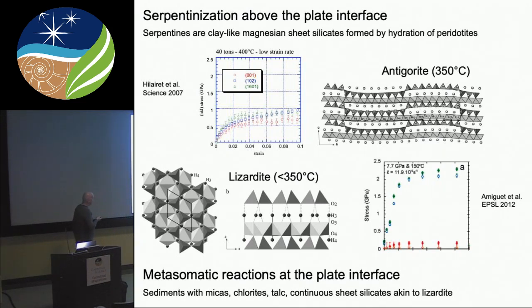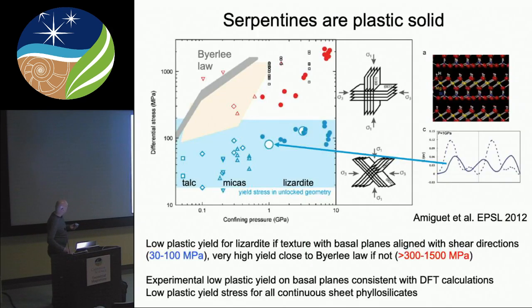And this means that this kind of material has a very high mechanical anisotropy, and actually it behaves like an anisotropic plastic solid. So one way to compile all these experiments is shown here and compare it with the properties of other materials.